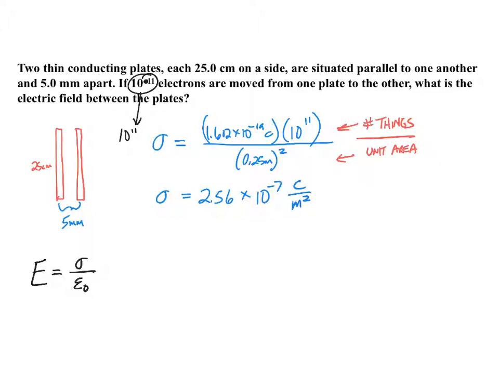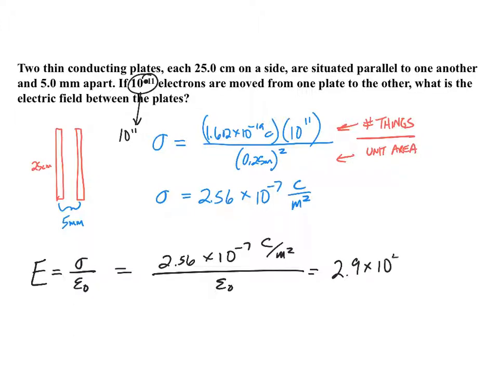So now we have that charge density, which means we can put it in our handy dandy formula, over epsilon naught. And when we crunch that, we get 2.9 times 10 to the fourth newtons per coulomb, which is a lot of force. So 10 to the fourth is 10,000.